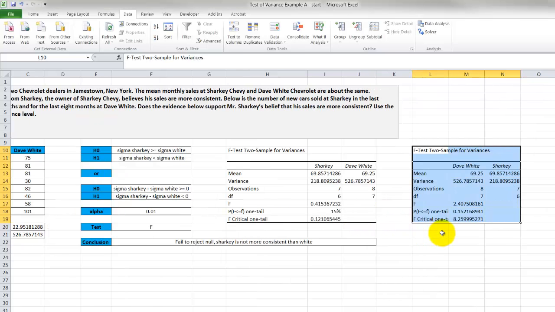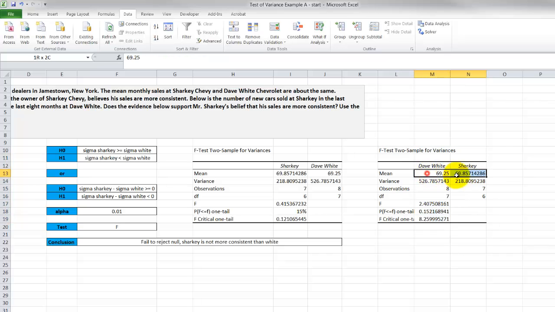Now look what's happened here. We have the same statistics calculated. Of course, they're in a different row. But look at our F value. Our F value has changed. And it's because now S1, if you will, the variation of 1, is David White, which is 500. If we were to calculate this F stat manually, it's simply the ratio of David White's variation divided by Sharky's.